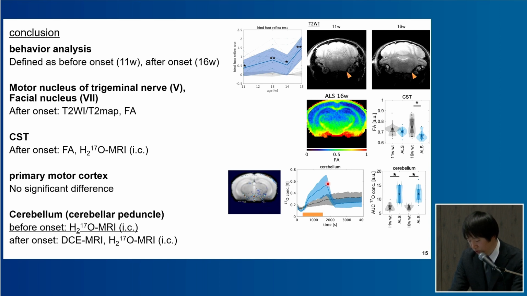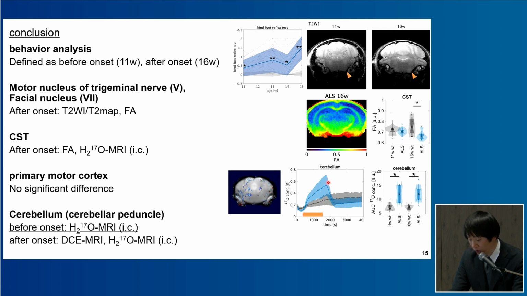These nerves control facial muscles, indicating the observed functional decline after ALS onset. CST is already known to be abnormal in human patients, and abnormalities have been found on FA and O17 intracisternal administration. It is thought to reflect descending motor neuron dysfunction.